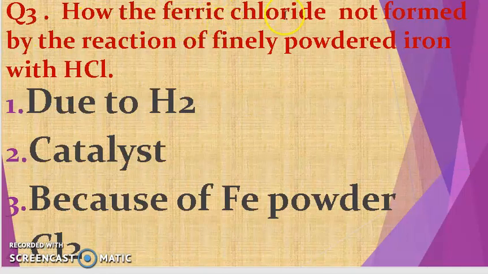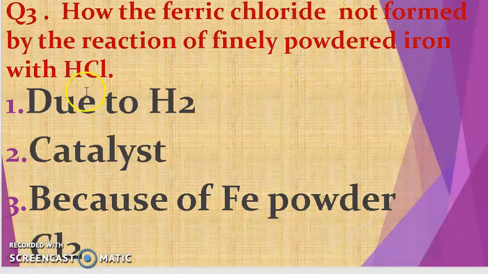The third question is why ferric chloride is not formed by the reaction of finely powdered iron with HCl. The reaction is between the iron and HCl, and it gives some product, but it is not giving ferric chloride.